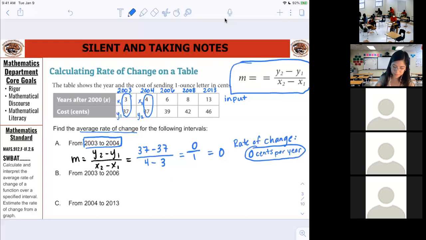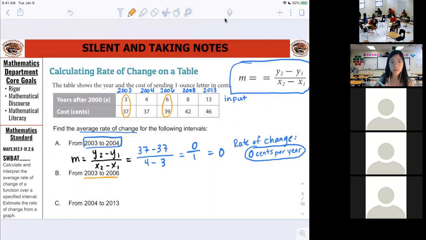Let that sink in and let's do another. So now we're going to look at the rate of change from 2003 to 2006. So instead of looking at these 2 points, now I'm going to look at 2003 and 2006. And I'm going to label them again.